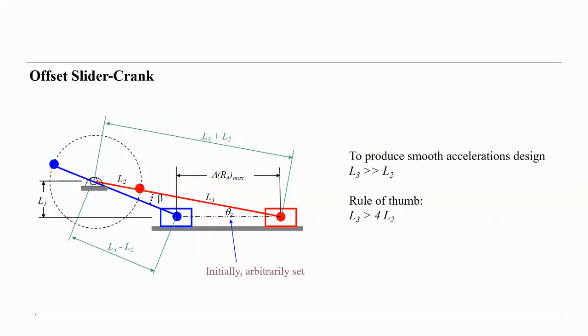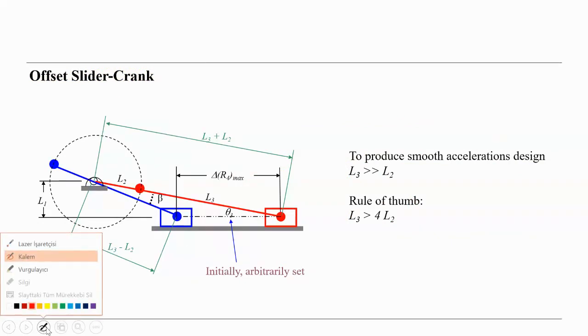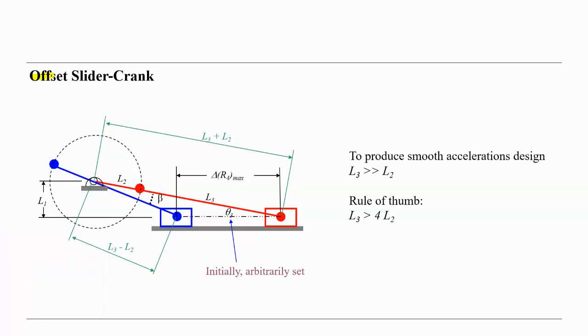So let's talk about the solution. How can we find L1 and L2? So again, offset slider crank mechanism. Since we have outward and inward stroke, they take different time, consume different time.